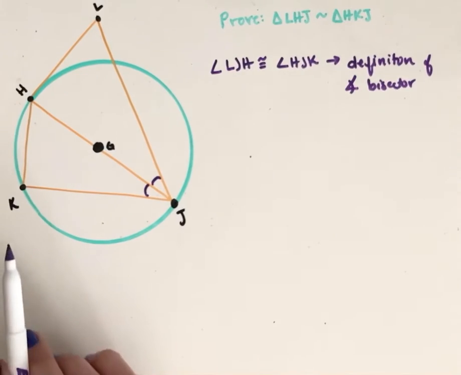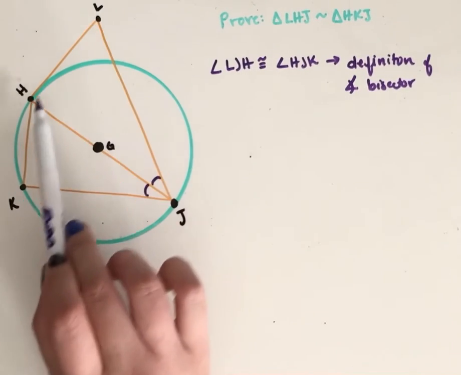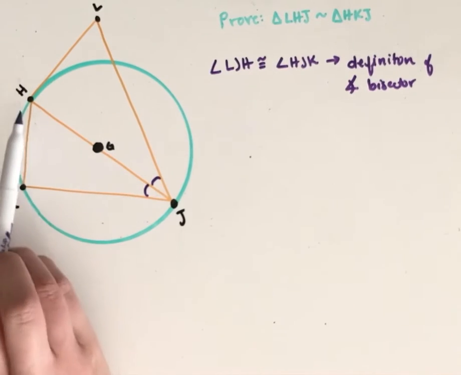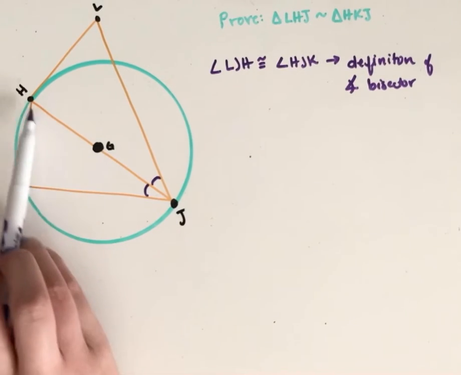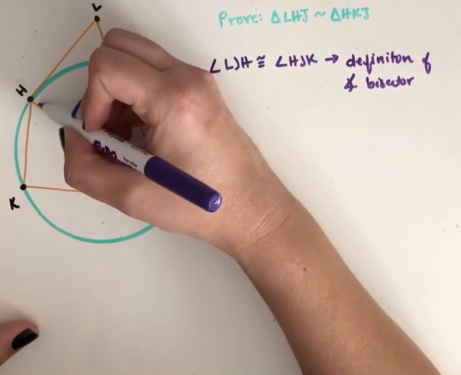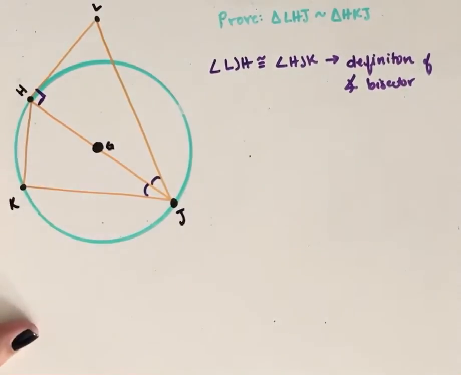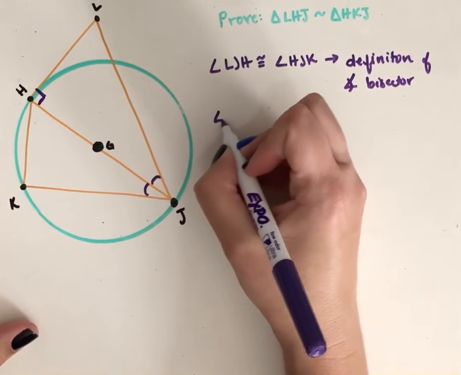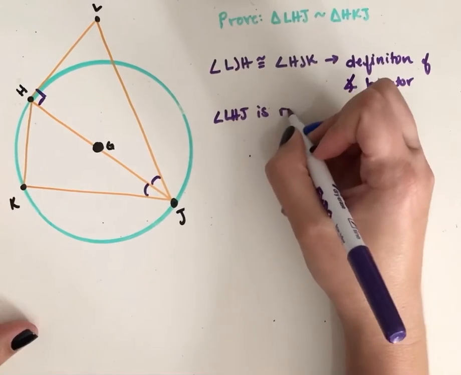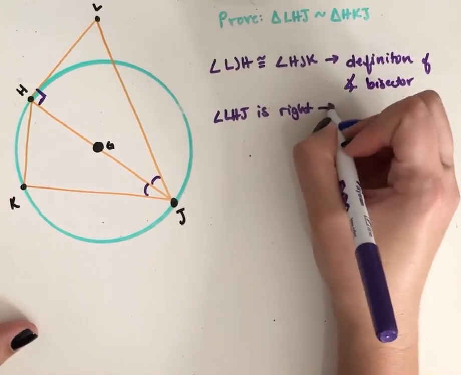Now, I was also given that HL is tangent to this circle. Because it's tangent, and this is a diameter here, HGJ is a diameter, that means that this is a right angle. So I'm going to say angle LHJ is a right angle.